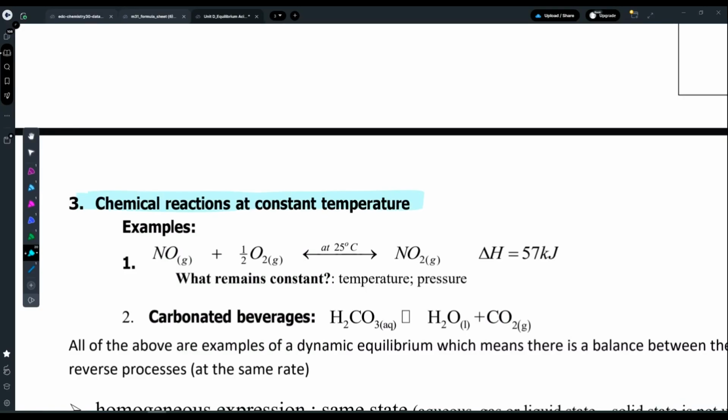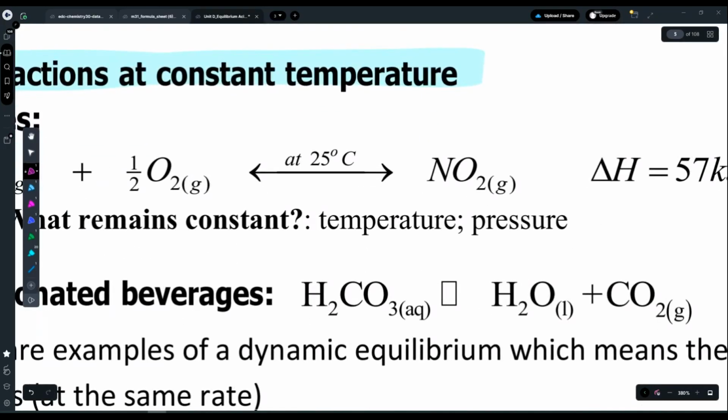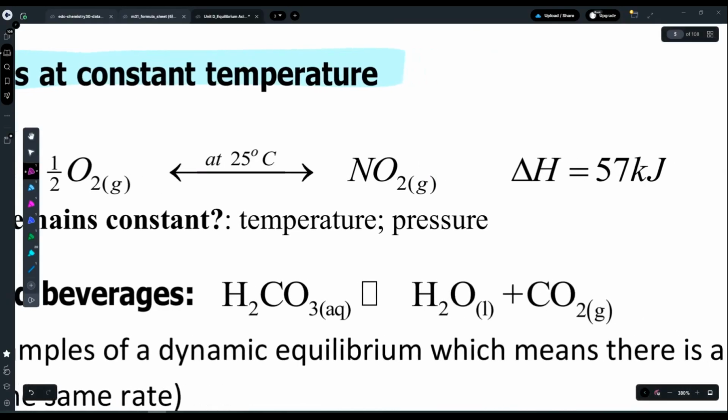What's remaining constant here is temperature and pressure. Another example would be carbonated beverages, because we have carbon dioxide, which is the gas that makes drinks like pop fizzy.